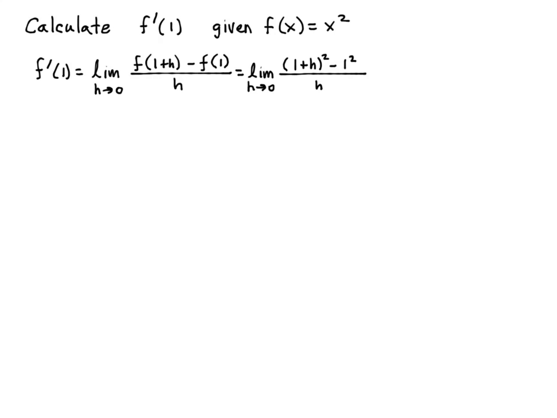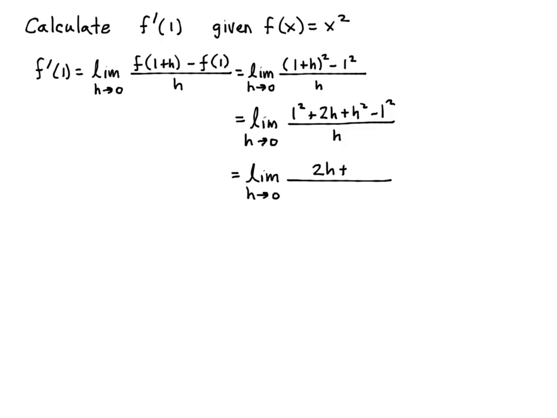And so this perhaps looks like a limit that you've calculated in the last few days. It should, because some of those exercises were specifically to be in this form. What we do here is we expand the 1 plus h squared, and then we notice that the 1 squared and the negative 1 squared is in there twice, so we can eliminate that. And we have 2h plus h squared over h.